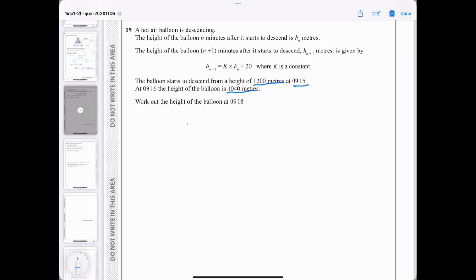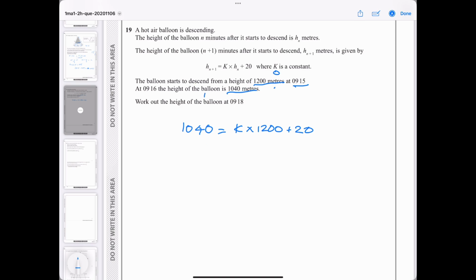So the second bit, 1040, equals k times 1200 plus 20, because that's minute 0 and this is minute 1.